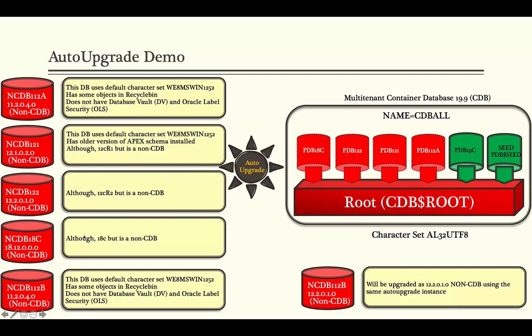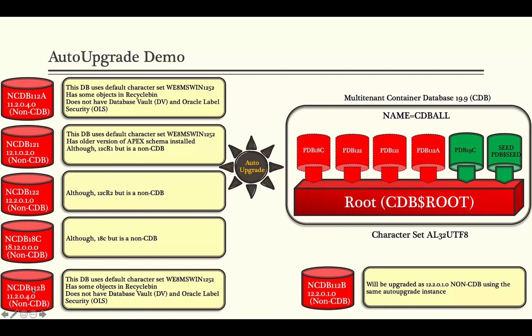Now there's another database, the fifth one, which is NCDB112B. It is an 11.2.0.4 database, again in a non-containerized format, same as what we have seen here, but the intention is to upgrade it to 12.2, not to 19c, and also to retain the non-CDB architecture.